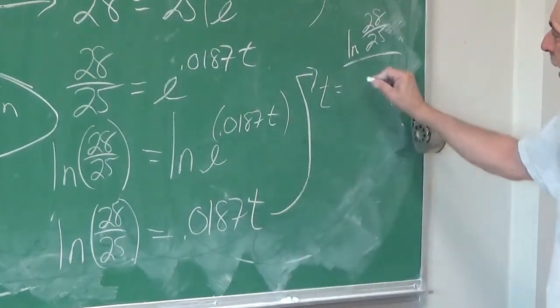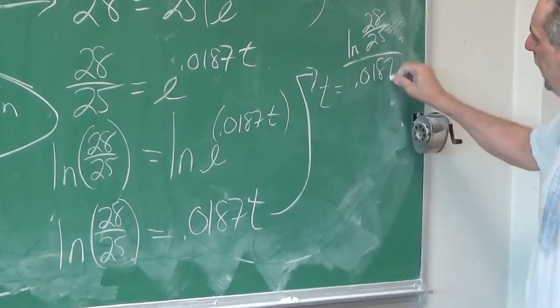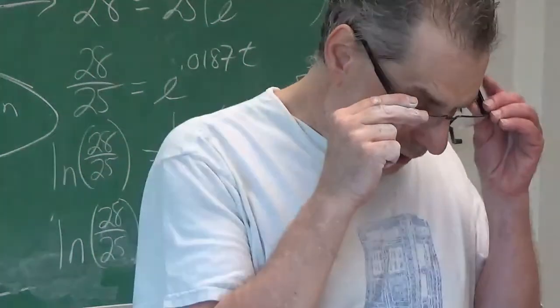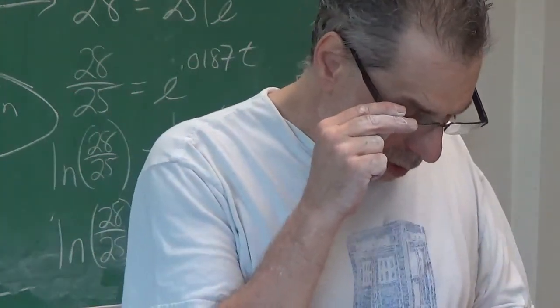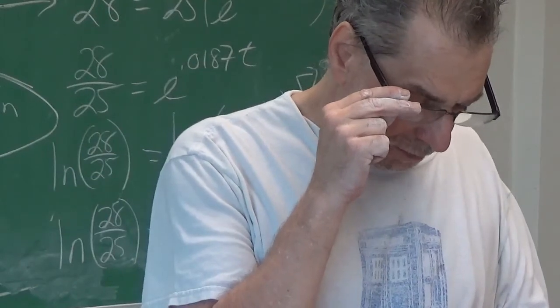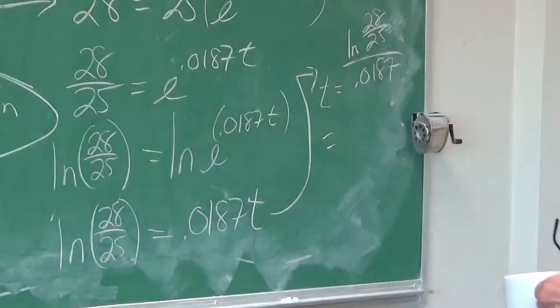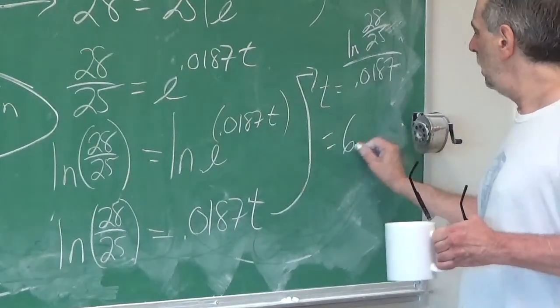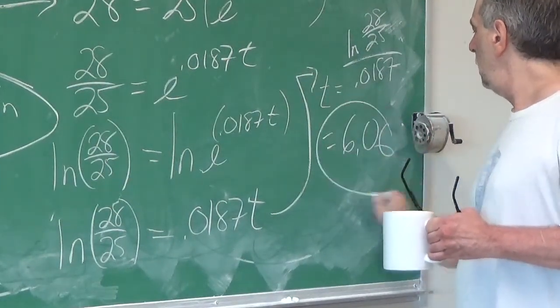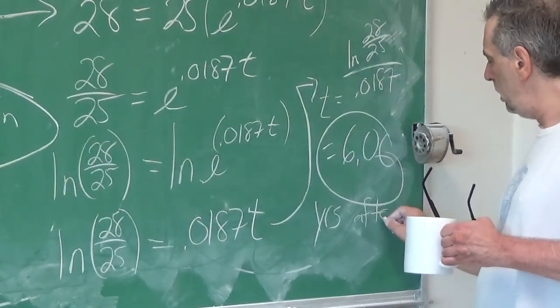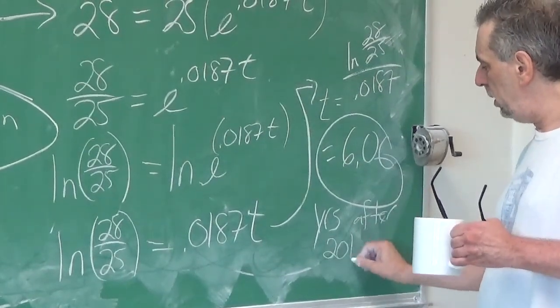And then finally, we put natural log of that number in the numerator. We divide by 0.0187. And let's see, do I have an answer here? I don't. What is it? 6.06. All right, so that's a little bit more than 6 years after 2010.